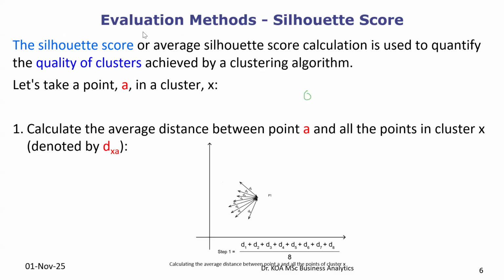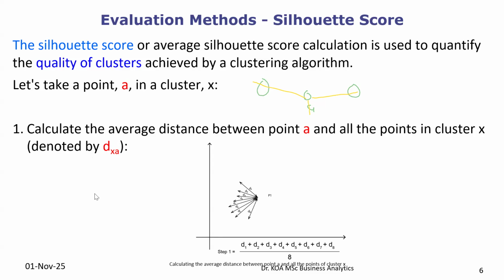So if there are other points in the clusters and you have point A, the distance between point A and every other one will be denoted by distance of XA.